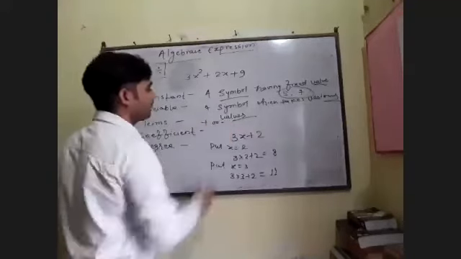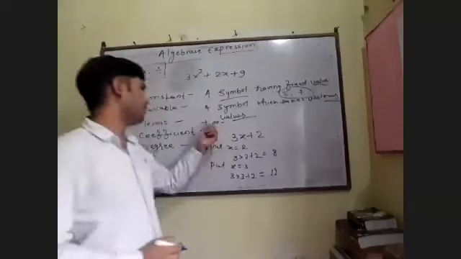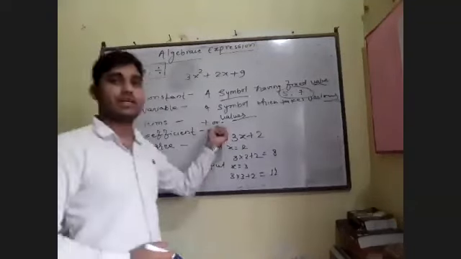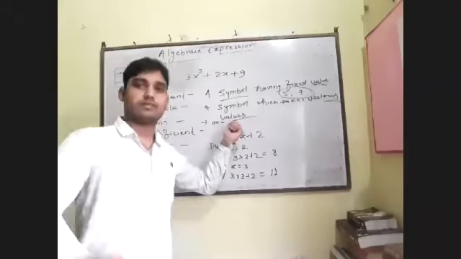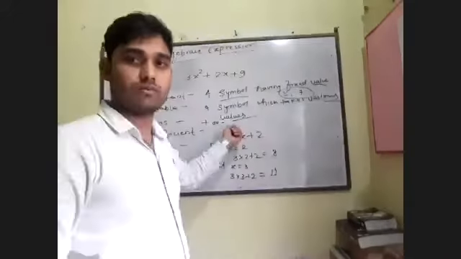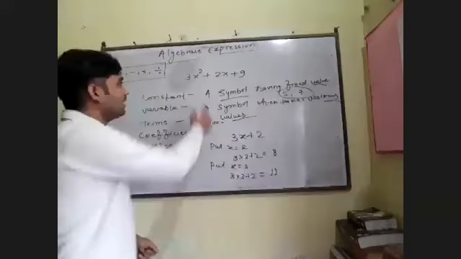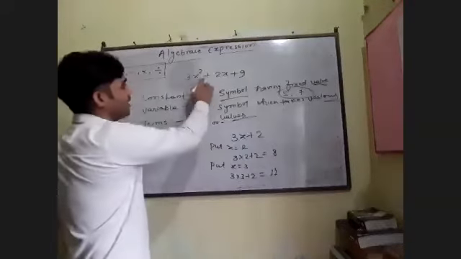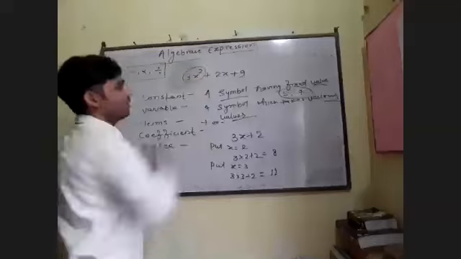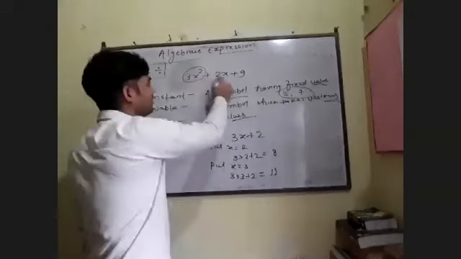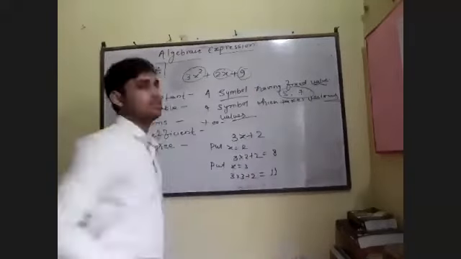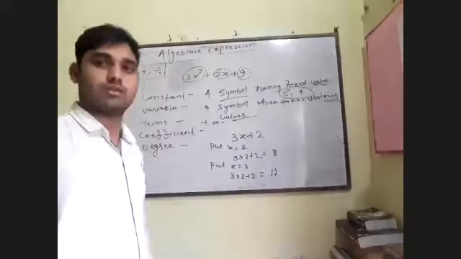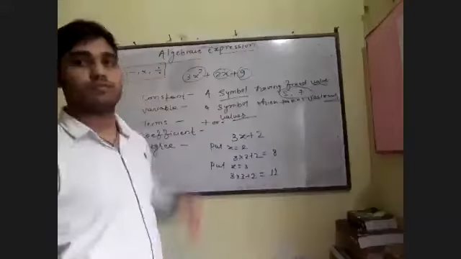Understood? So see, 3x square is one term, plus 2 means second term, and so on, it becomes the third term. First term, second term, third term.